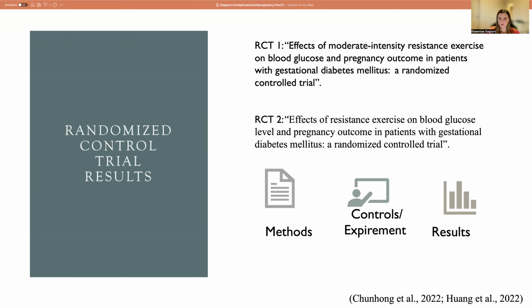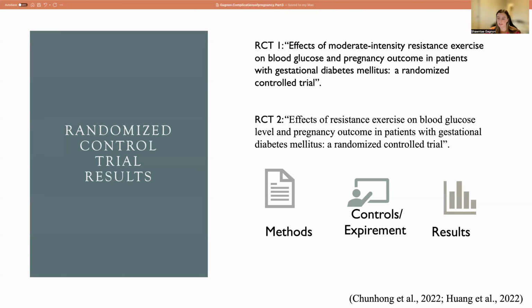And then a second RCT, effects of resistance exercise on blood glucose level and pregnancy outcome in patients with gestational diabetes mellitus, really looked at resistance exercise versus aerobic exercise for gestational diabetes. So really trying to figure out which type of exercise is best to recommend to patients for the best control of their diabetes. So this is by Huang et al. And for this trial, the intervention group was given resistance exercise program, and the control group was given an aerobic program.